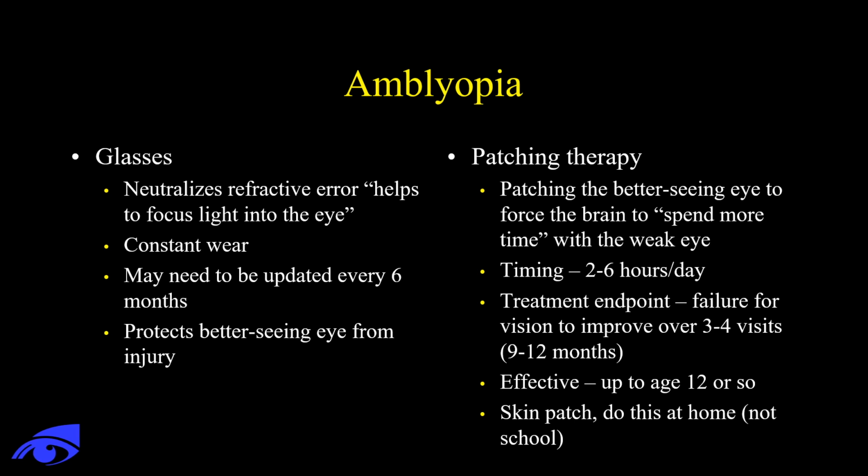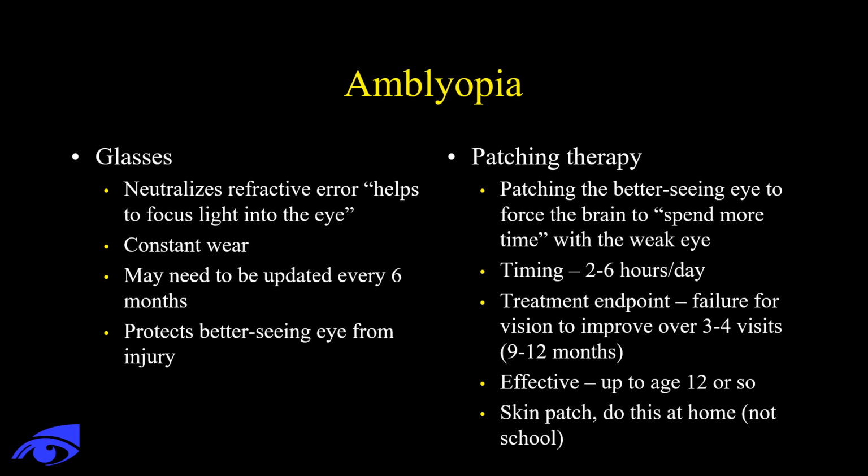And this may need to be updated quite frequently, sometimes every 3 to 6 months, depending on the growth of the eye. And the glasses, in addition to focusing light on the affected eye, also help to protect the better seeing eye from injury. Patching therapy is important because by patching the better seeing eye, you force the brain to spend more time with the weakened eye and hopefully improve vision that way.